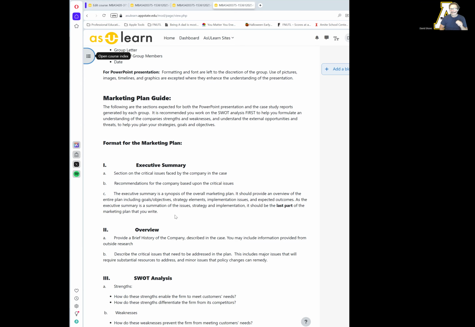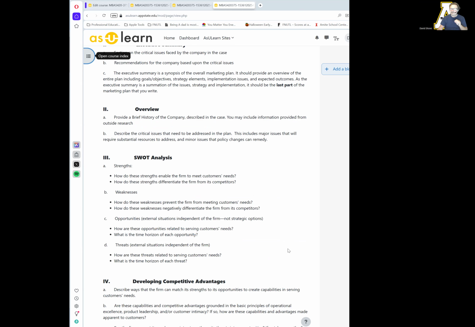Give me a brief history describing the case, including information from outside research. Describe also the critical issues at this point that need to be addressed in the plan. Include any major issues that require substantial resources and whatever minor issues that policy changes can remedy.